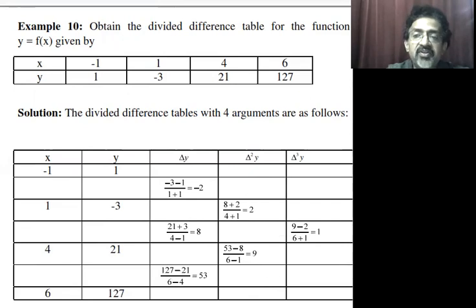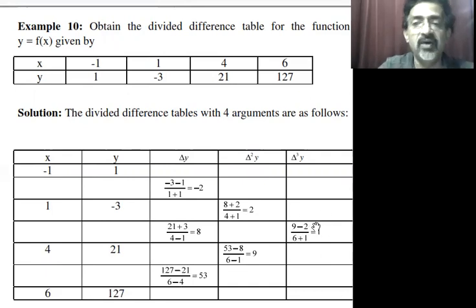Then the difference of these second order differences gives me the third order difference. So 9 minus 2 divided by x3 minus x0, so 6 minus of minus 1, so 6 plus 1. So 9 minus 2 is 7 by 6 plus 1 is 7. So I get 1.